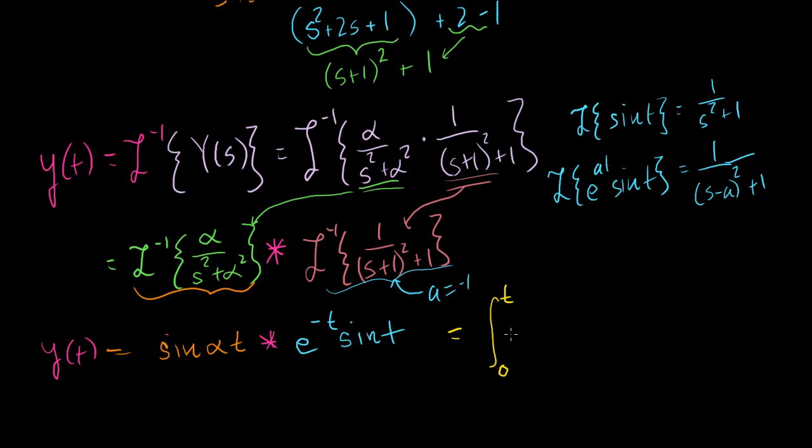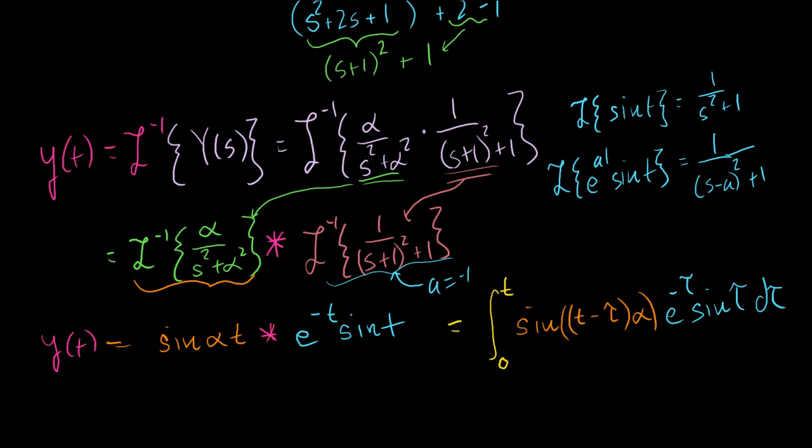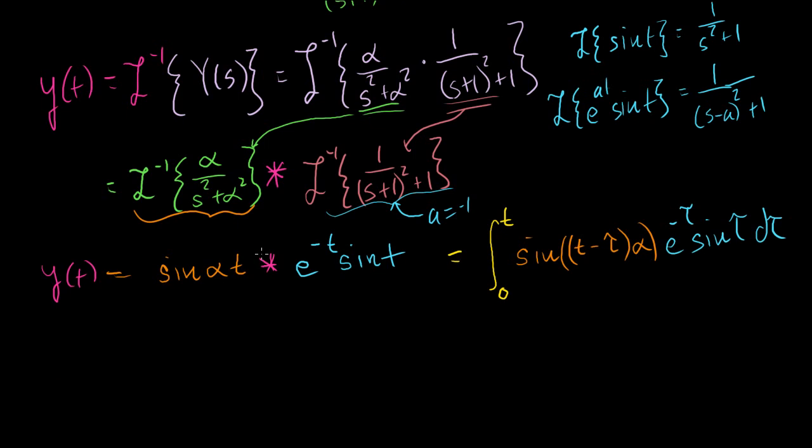I could write this as sine of alpha times t minus tau, I'm taking the sine of all of those things, times e to the minus tau sine of tau d tau. That's one way that, if I wanted to express the solution of this differential equation as an integral, I could write it like that. And it should be kind of obvious to you that this could go either way.